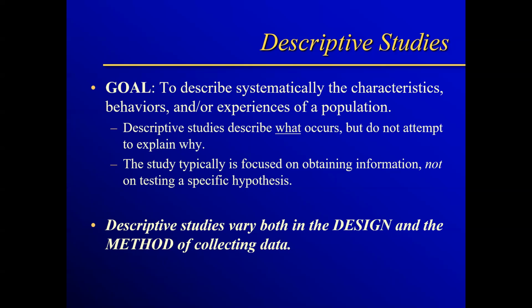So we want to describe what occurs, but we don't attempt to explain why. We don't try to answer, well, why are these two variables related? We just want to look at some descriptive things about particular variables. So the study is typically focused on obtaining information, not testing a specific hypothesis. Most studies aren't purely descriptive, but for the descriptive part of studies, there is typically not a hypothesis.